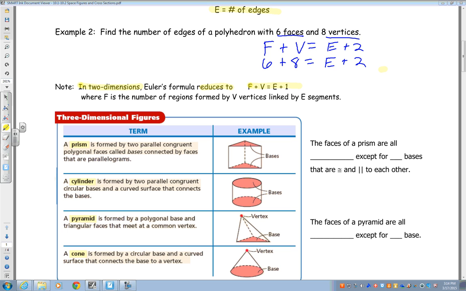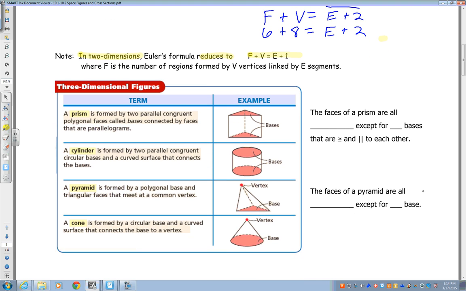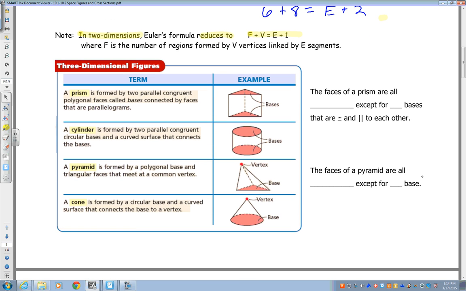All right, so they are going to give you some basic representations of the three-dimensional shapes or figures we're going to use in here, especially when we get to calculating volume and surface area. The biggest thing is to understand the difference between a prism and a pyramid, and when it's a polyhedron and when it's not. They've already highlighted the bases for you, so you can see how they name the shape.